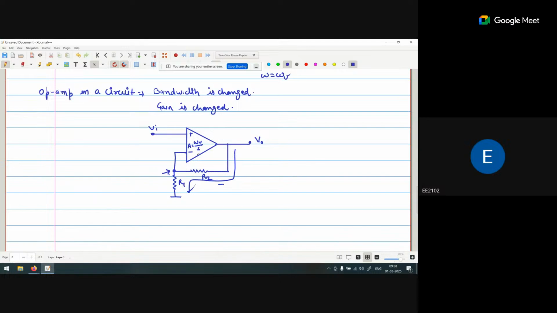If I say this is the current I, then I is V naught upon R1 plus R2. If I multiply the current I with R1, the voltage drop across R1 is V naught times R1 upon R1 plus R2.